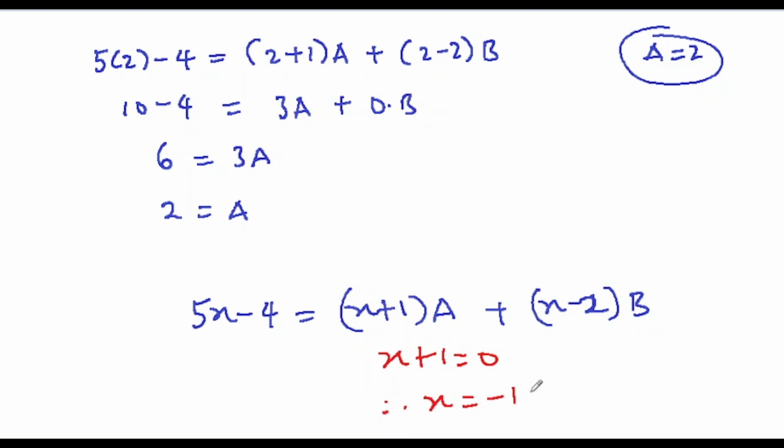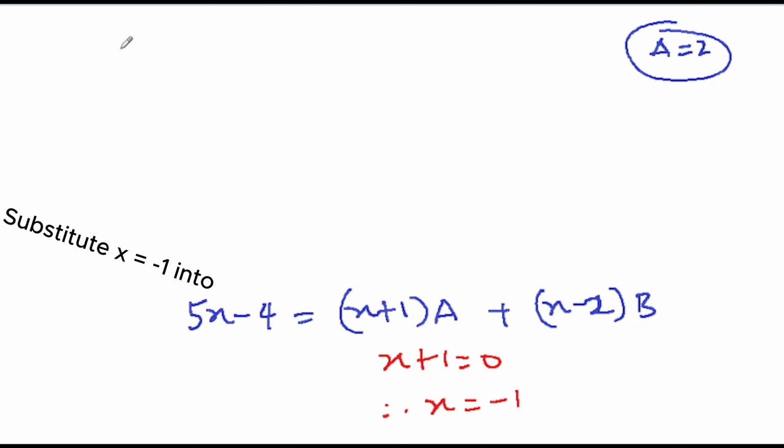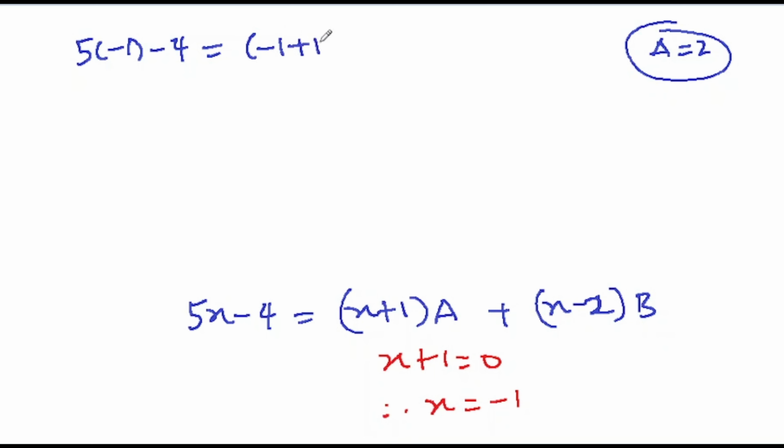So we're going to substitute x equal to minus 1 into the equation above. That's 5x minus 4 equals (x + 1)a + (x - 2)b. So we're going to have 5(-1) - 4 equals (x + 1) so this x will be (-1 + 1) times a plus (x - 2) so we're going to replace our x with negative 1, (-1 - 2) times b.